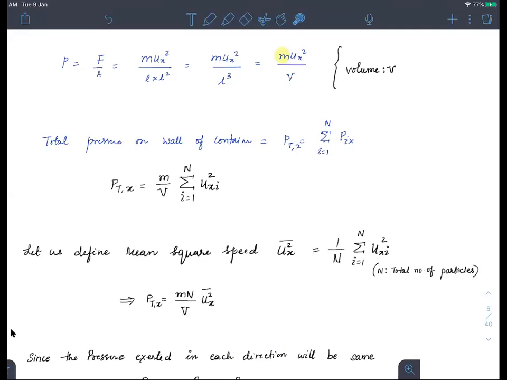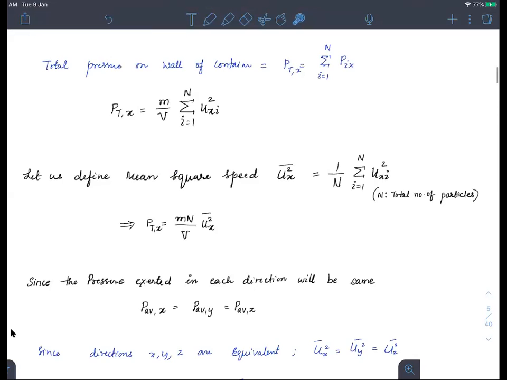So pressure P of x will be m by v, sum from i equal to 1 to n of uxi square, that is u1 square plus u2 square plus u3 square and so on, multiplied by m by v.